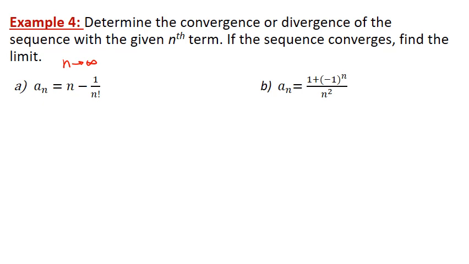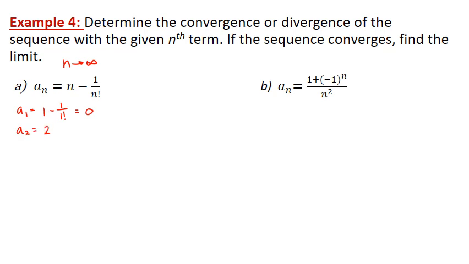Now, what some students like to do is see the first few terms. You can certainly do this, but you don't have to. So in this example, I have 1 minus 1 over 1, which is 1. This gives me 0.